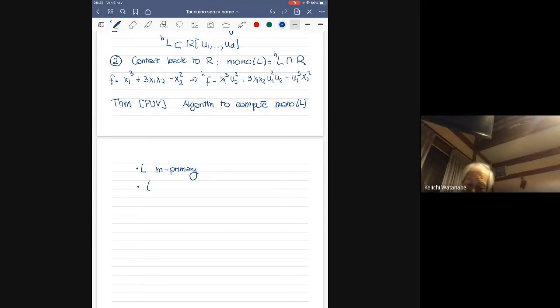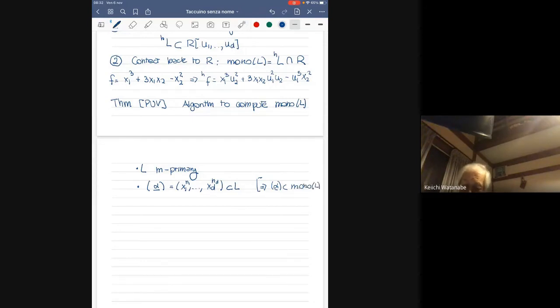And then I consider alpha, which is a regular sequence of monomials inside L. I can always find such an alpha because L is m-primary. So this condition gives me the presence of this regular sequence inside L. And then notice also, because it's going to be important, that this alpha is actually contained in the mono of L.